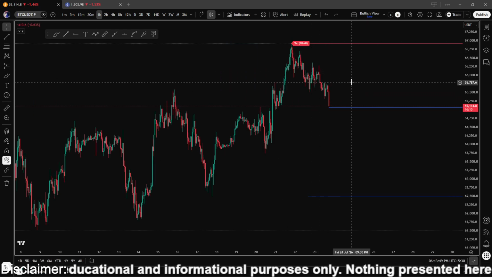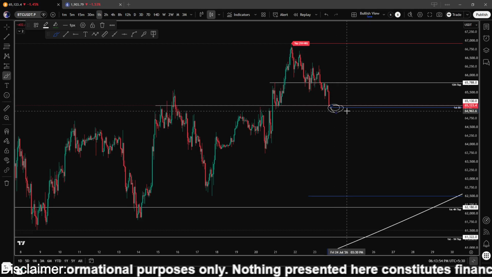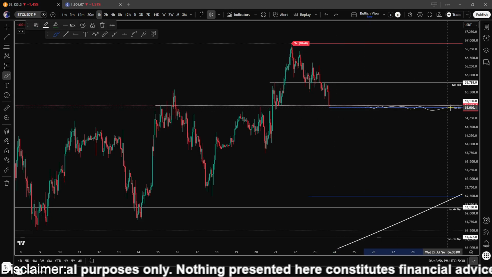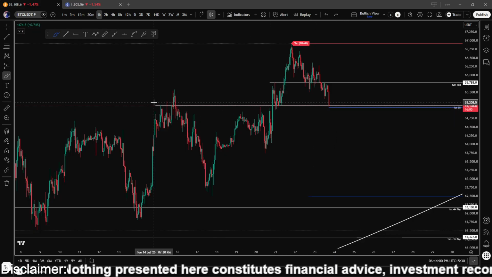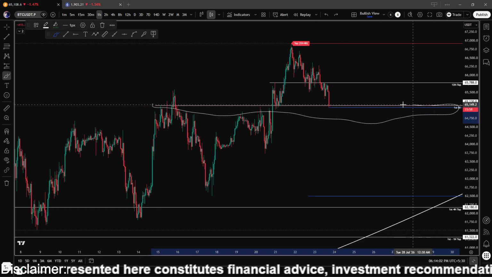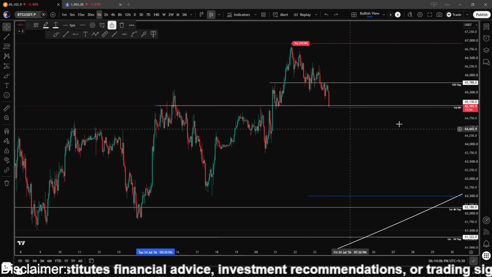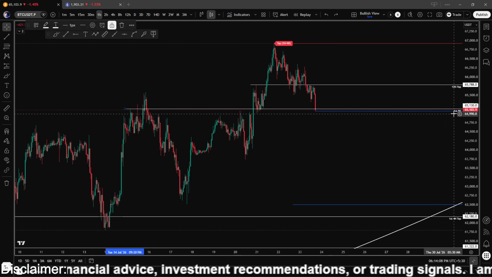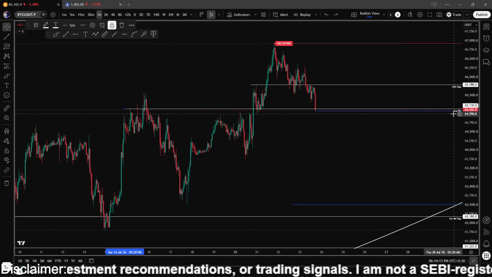Currently in the 1 hour time frame, it is trading in the bottom area. This blue line is the 1 hour bottom level. At the same time, this is one of the levels I have talked about, the first 8 hour level, which I have highlighted already.